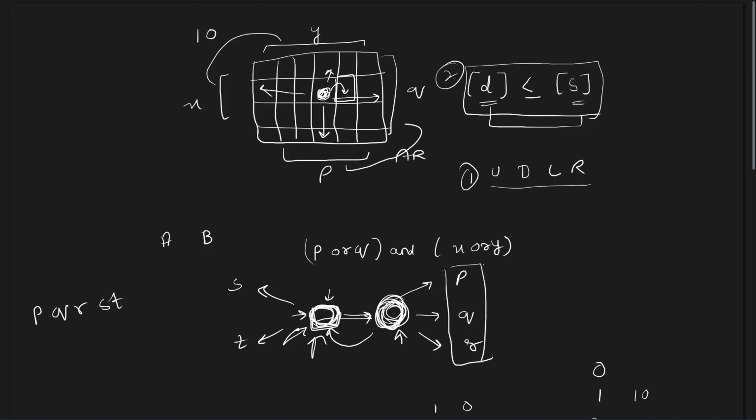And this will always be true in the longer run. For example, if you are at 5 here, this should be at max 5, or it can be 4, and this can also be 4. This can be 2. So you will always find that the destination is less than or equal to the source, right? So this is the second condition.